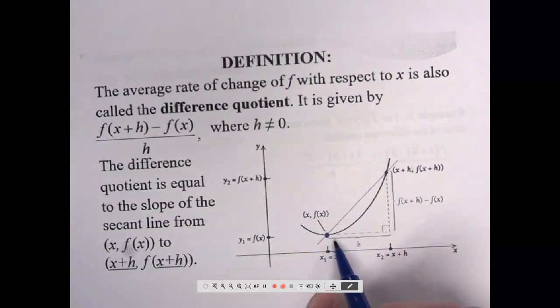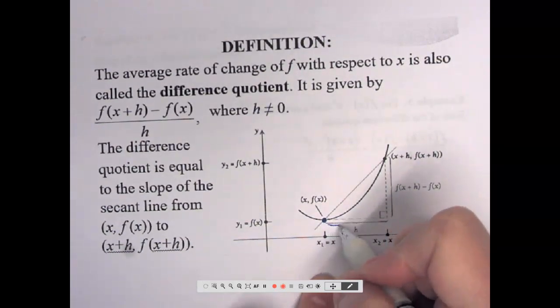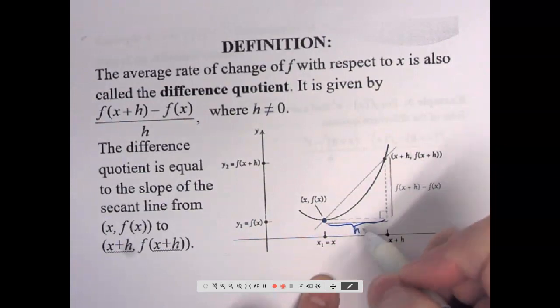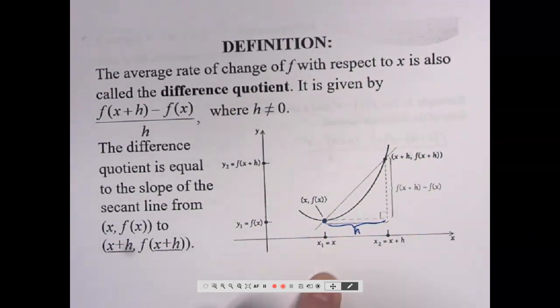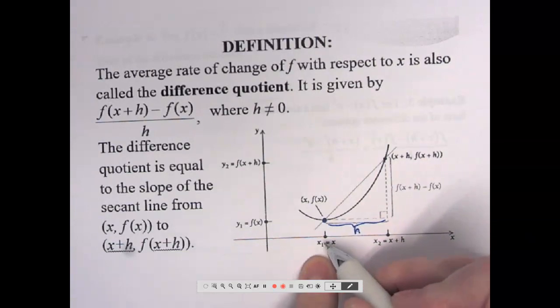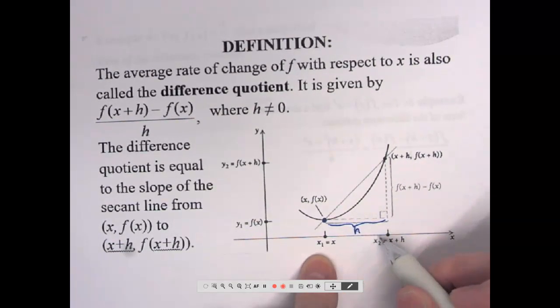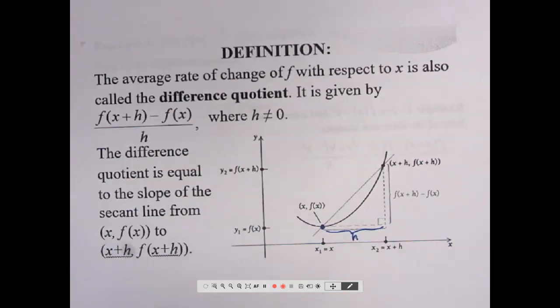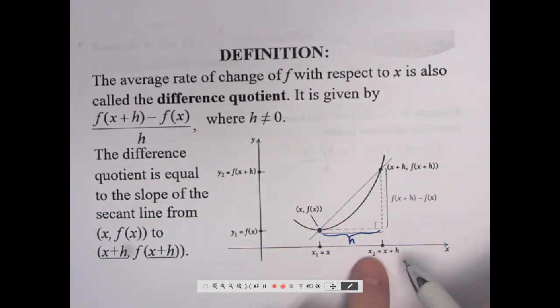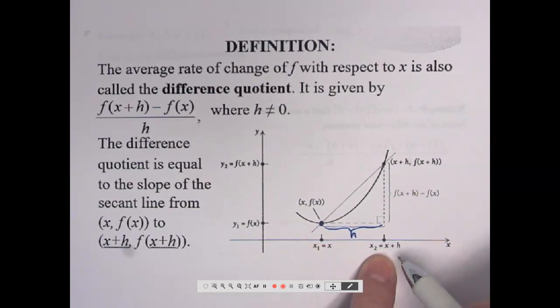All right, I traveled down the graph just a little bit. How far I'm traveling, I'm going to call h. So I start at x, and then I travel this way a little bit further. I go down the axis h units, and then voila, I get to this point that's called x plus h. Or that's the same as my second x coordinate, x sub 2.